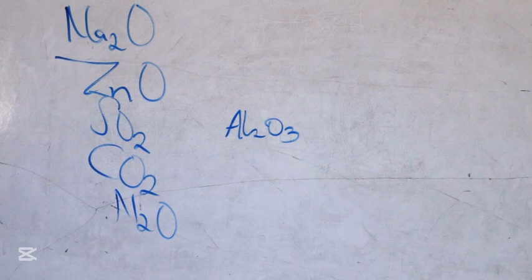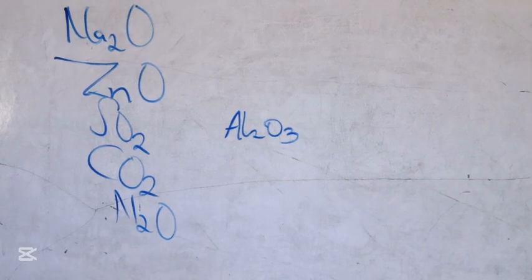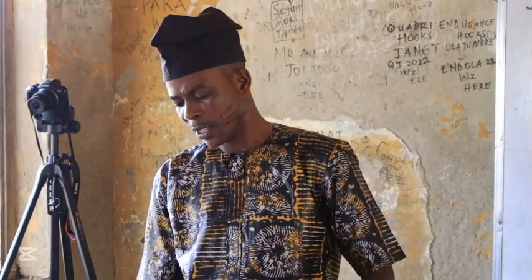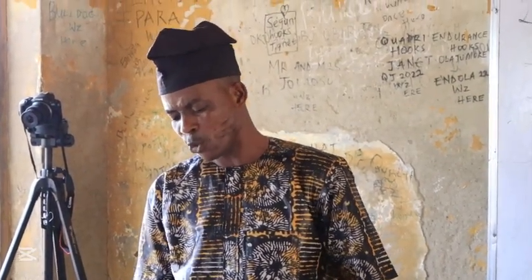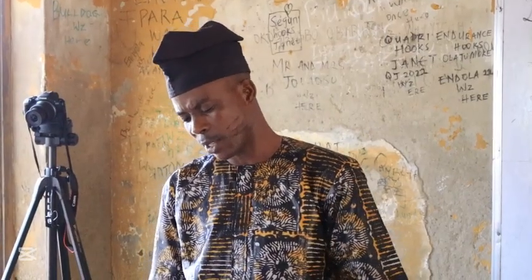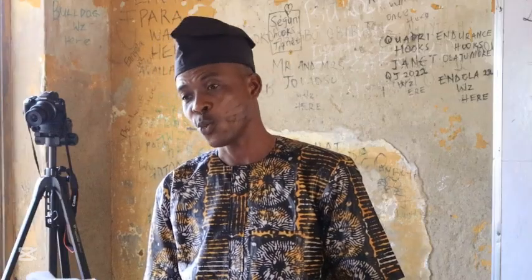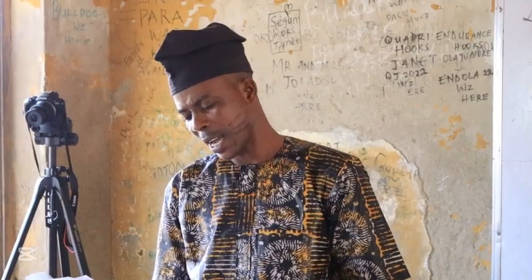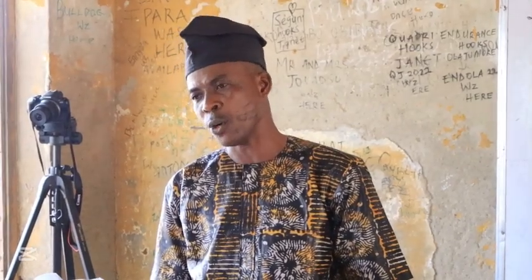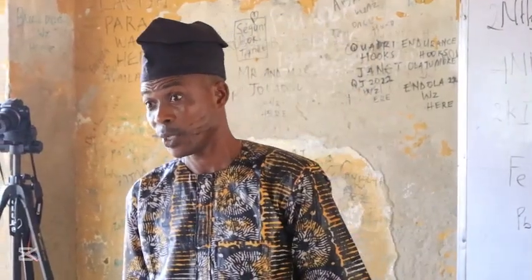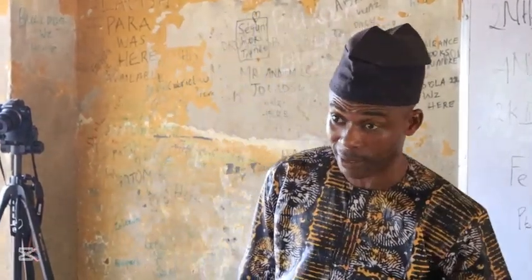Can we proceed? In the extraction of aluminium, state one compound that is used to obtain alumina from bauxite. We want to extract aluminium. We use bauxite.